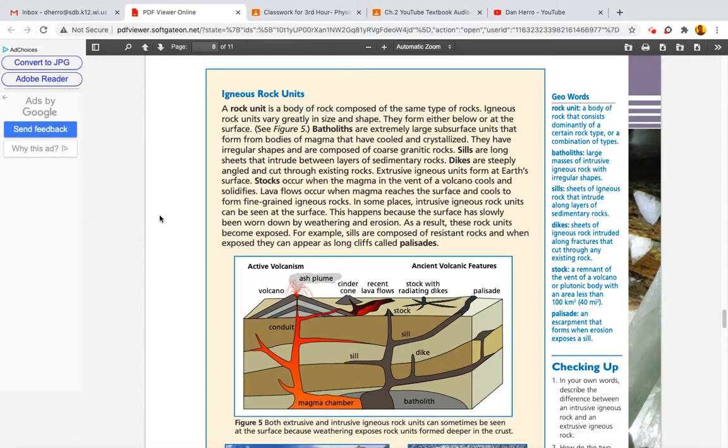In some places, intrusive igneous rock units can be seen at the surface. This happens because the surface has slowly been worn down by weathering and erosion. As a result, these rock units become exposed. For example, sills are composed of resistant rocks, and when exposed, they can appear as long cliffs called palisades.